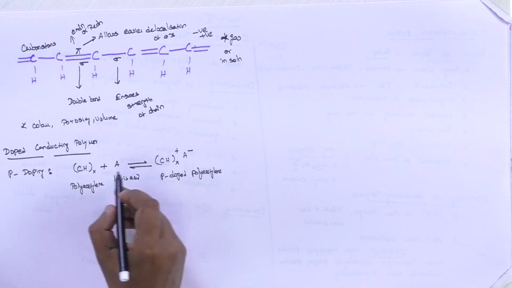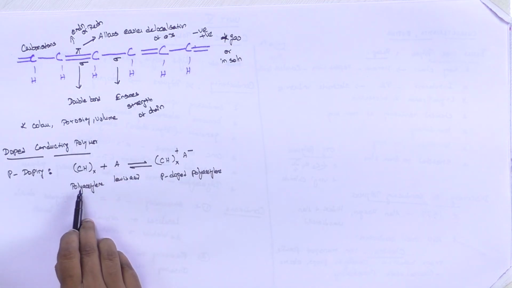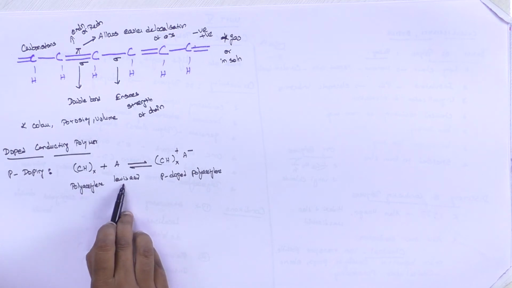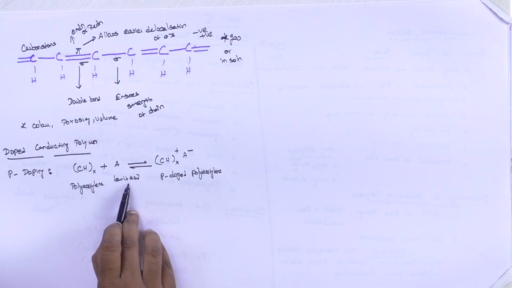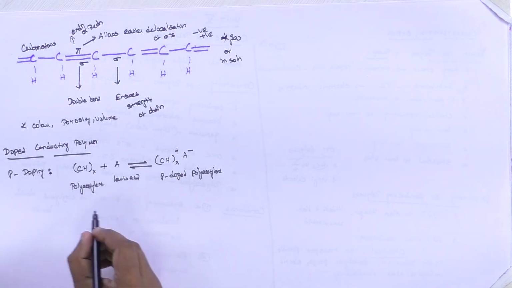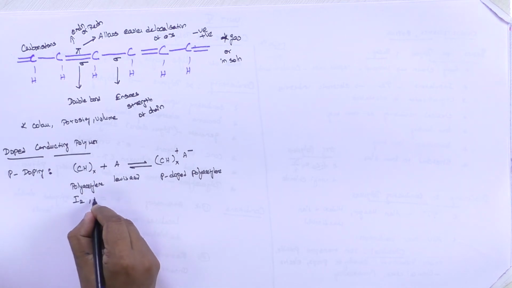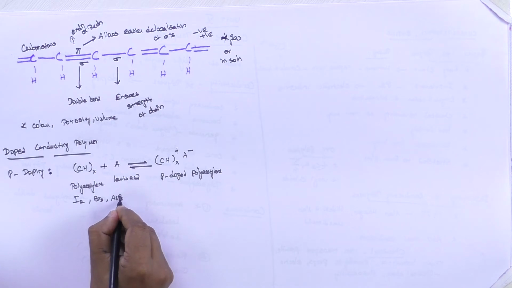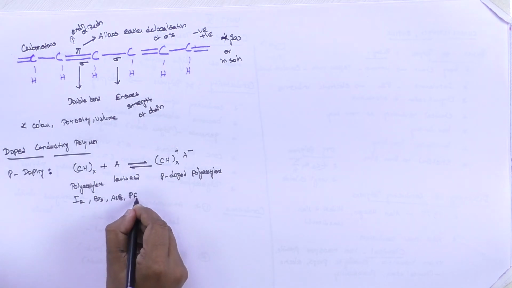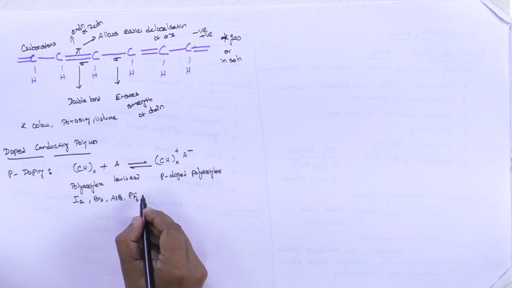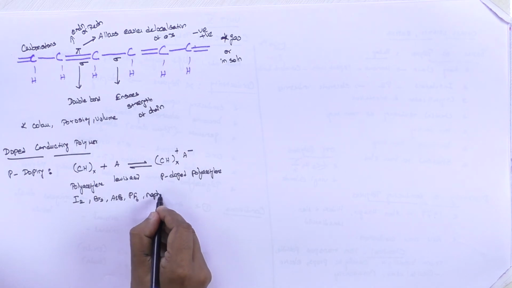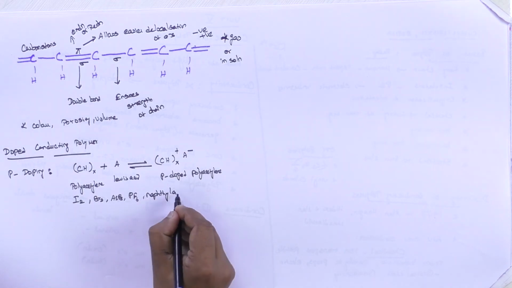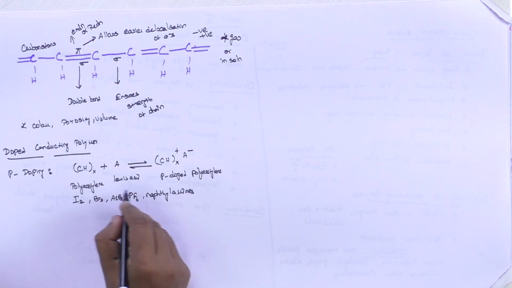In this process, the polymer is treated with a Lewis acid, and some of the common p-dopants used may be iodine, bromine, AsF3, PF6, etc. So even naphthylamine can also be used for p-doping.